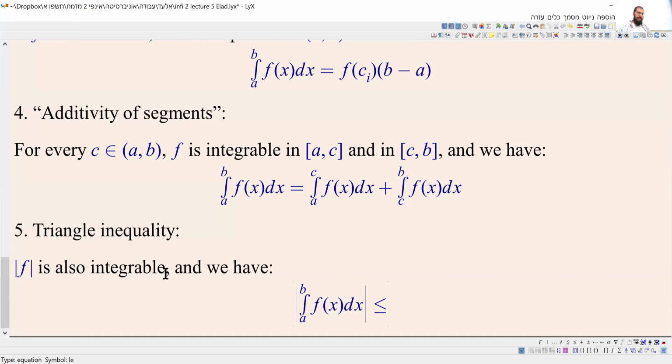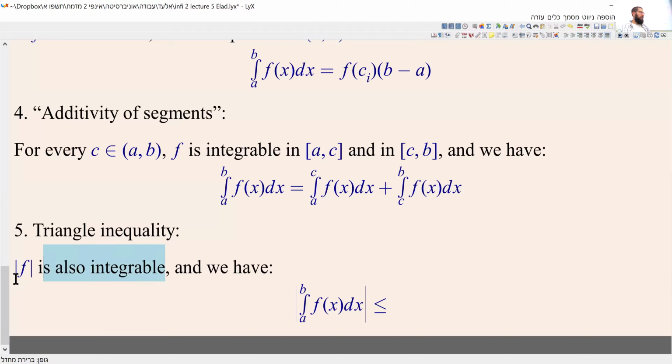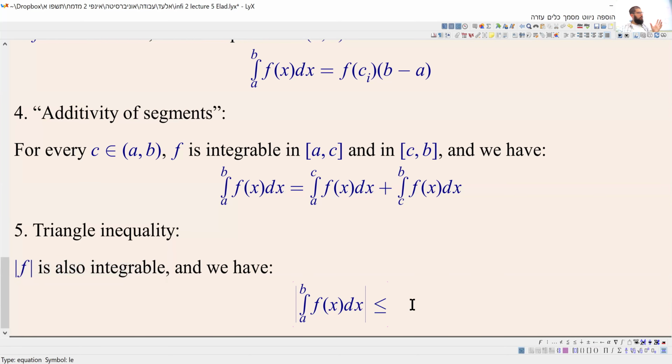First of all, I claim that the absolute value of f is also integrable, which is not trivial. If you can do it by segments, you can do it for every crossing to negative. But if you have an infinite number of crossings, it's not that simple. But you should believe me on this. And secondly, the absolute value of the integral of f is bounded by the integral of the absolute value.